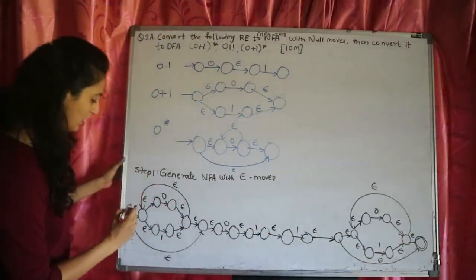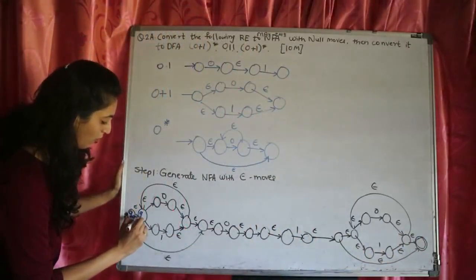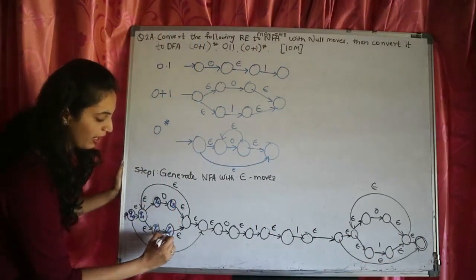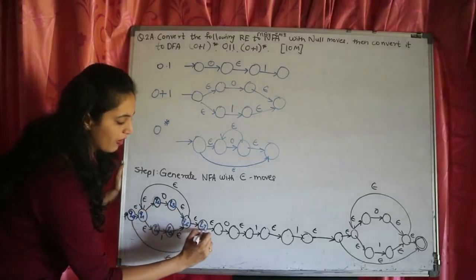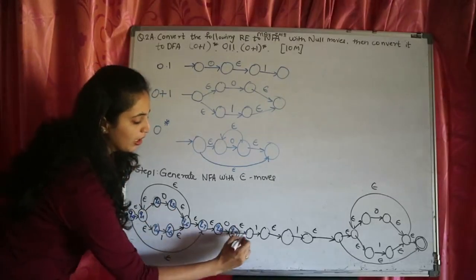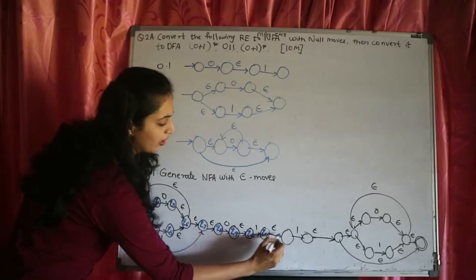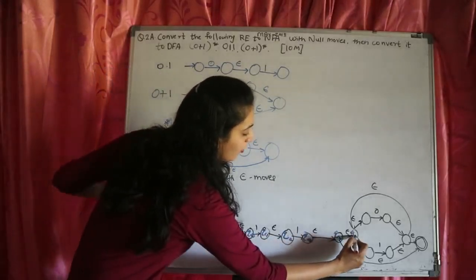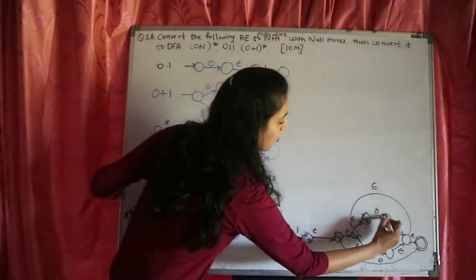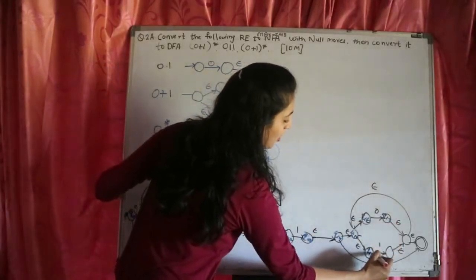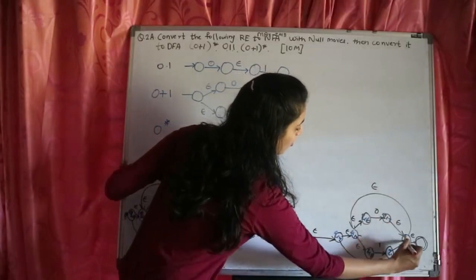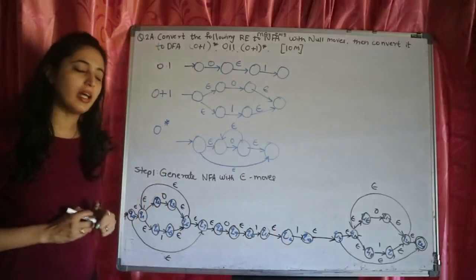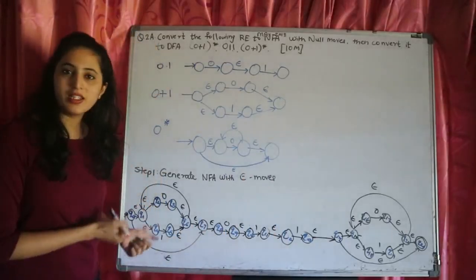So I will start with Q0, Q1, Q2, Q3, Q4, Q5, Q6, Q7, Q8, Q9, Q10, Q11, Q12, Q13, Q14, Q15, Q16, Q17, Q18, Q19, Q20 and Q21. So like that I will have these numbers, and this NFA with epsilon moves diagram is ready.